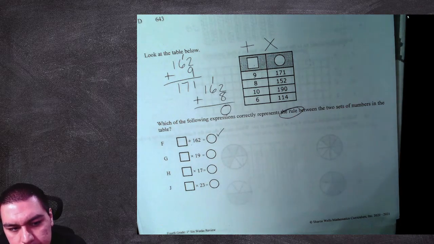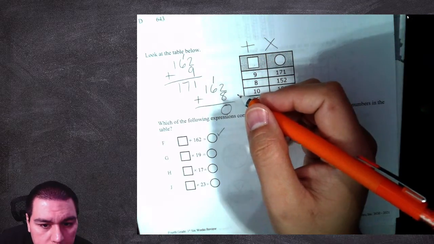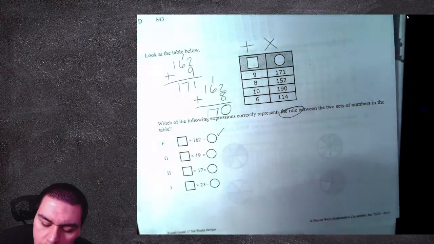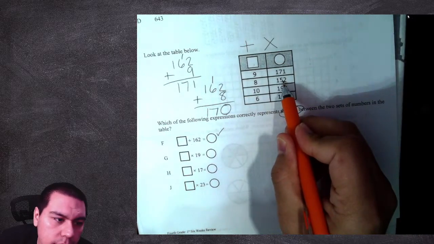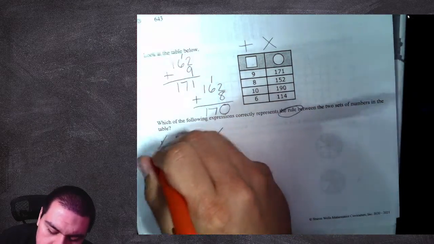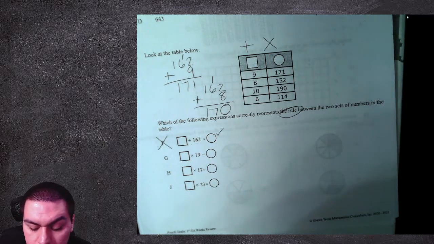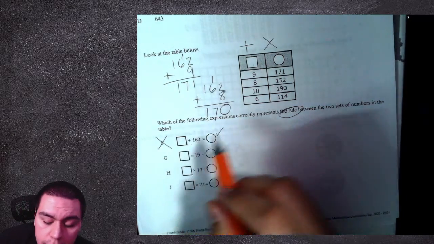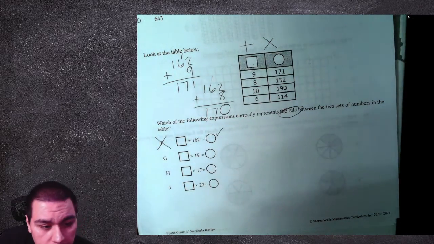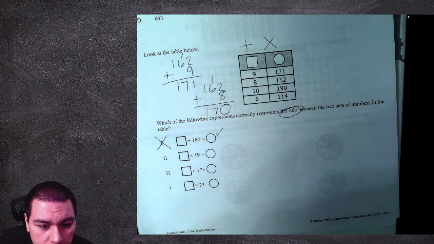Alexa? 7, and then 1 plus nothing is just 1. 170. That number does not match. So F doesn't work. They like to try to do that. They'll make a rule that works for the first one, but not for any others. Or that'll work for the first 2, but none of the rest. Just to see if they can catch people not checking everything.